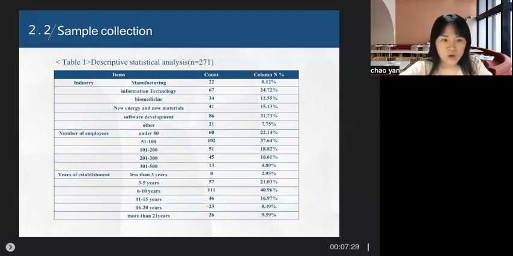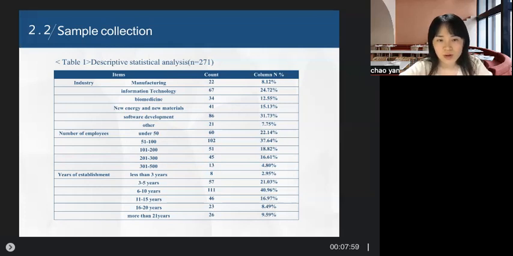In terms of industry nature, there are distributions in various industries, mainly concentrated in software development and information technology, accounting for 31.73% and 24.72%.